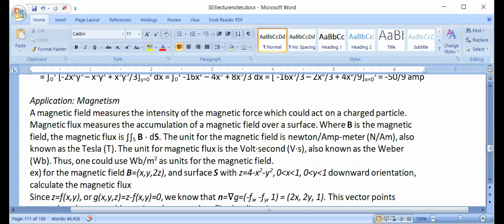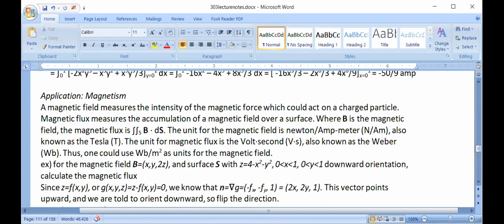Notice that our surface is z equals a function of x and y, so we can use the shortcuts. So z equals f of x y, and therefore we know the normal vector is just negative fx, negative fy, comma 1, which in this case is 2x, comma 2y, comma 1. Now, extra wrinkle here. As we typically construct with z equals f of x y surfaces, our normal vector points up.